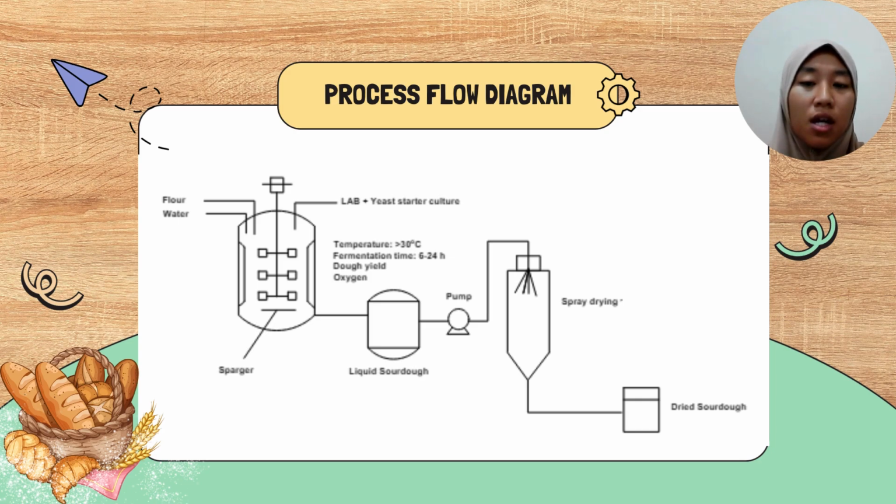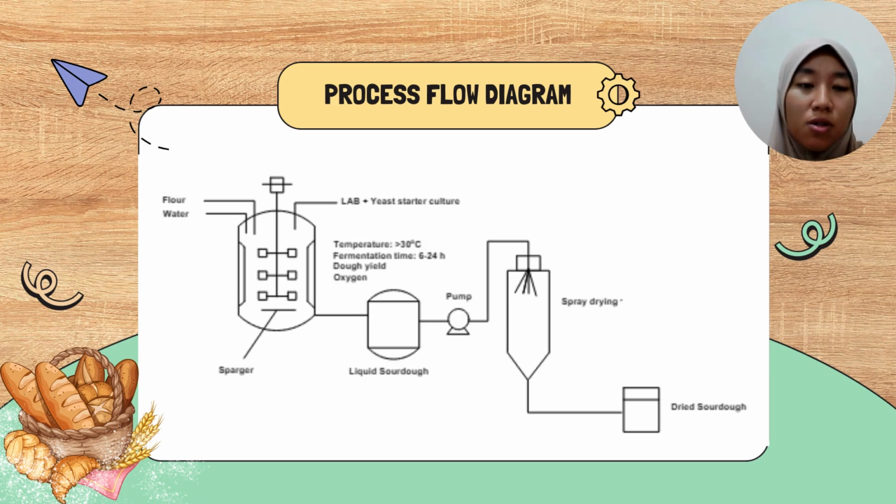And then we also add the oxygen, which is produced from the sparger. It will be mixed by the impeller in the bioreactor at a temperature below 30 degrees Celsius, with a fermentation time of 6 until 24 hours, and we also have the dough yield and oxygen.